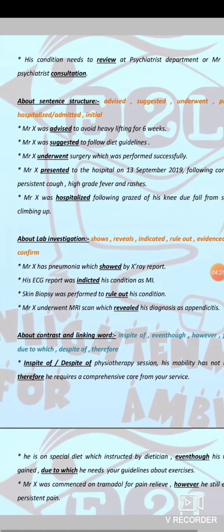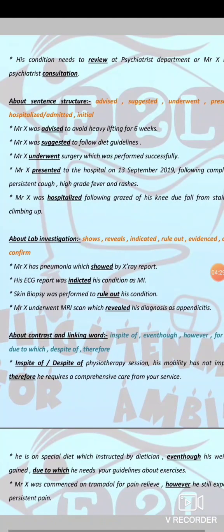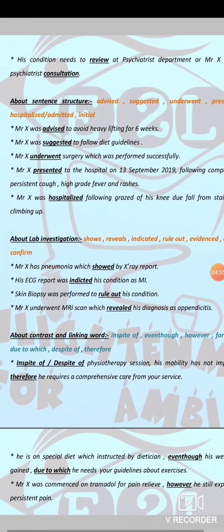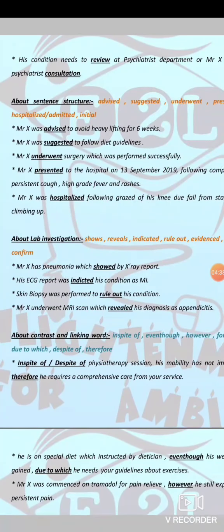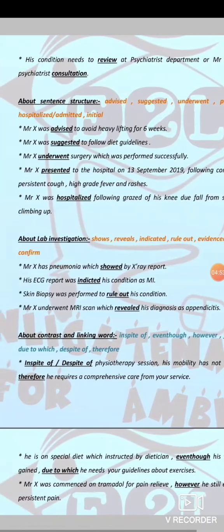Next one, rule out. Rule out is defined as to confirm the diagnosis or to eliminate the diagnosis. So just be careful if you are using this vocabulary. Rule out you can use only for biopsy cases, bone marrow cases.